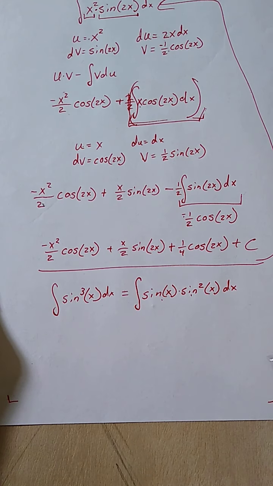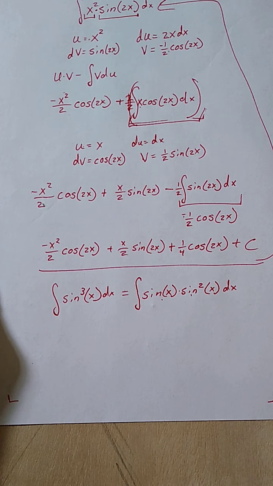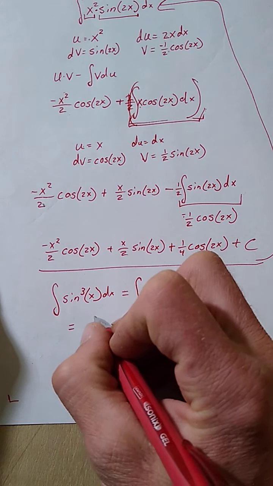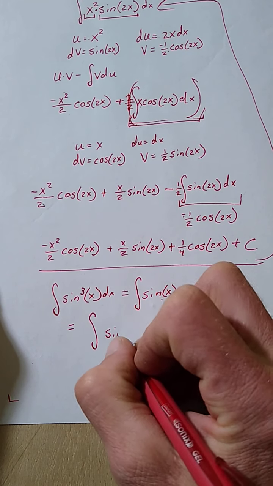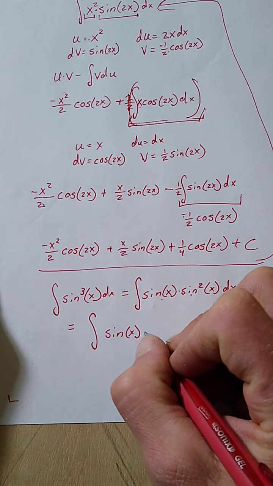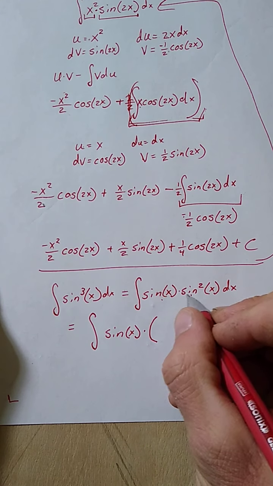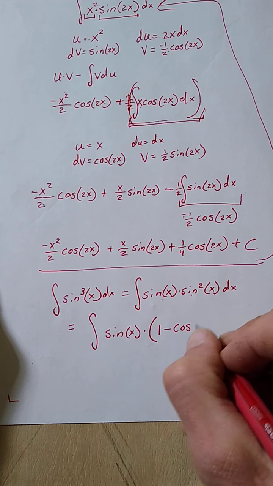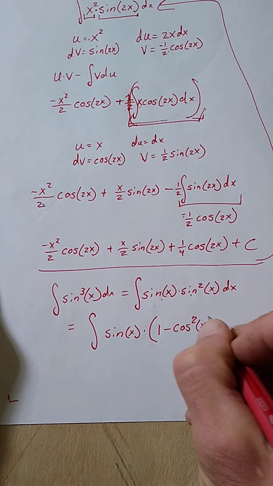And now we have a product, so we'd be tempted to use integration by parts, but this can also be written as the integral of sine of x times, and then sine squared is actually 1 minus cosine squared x, dx.